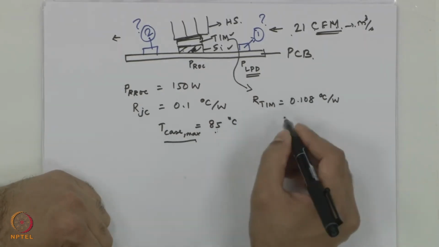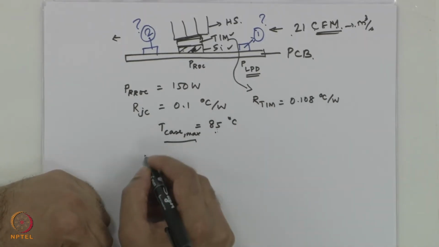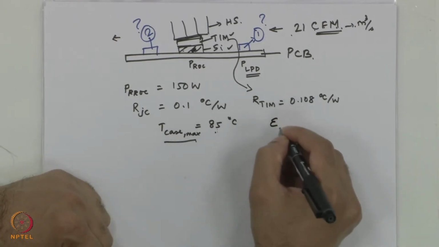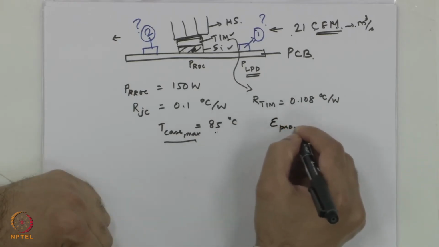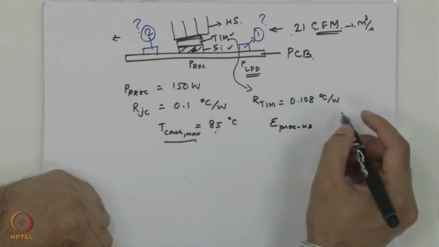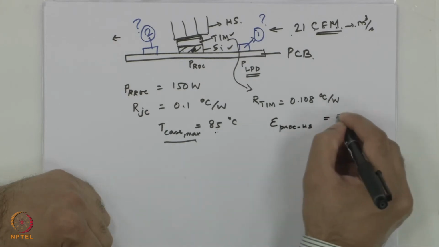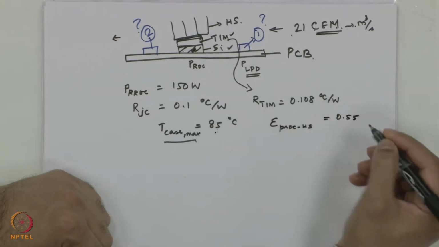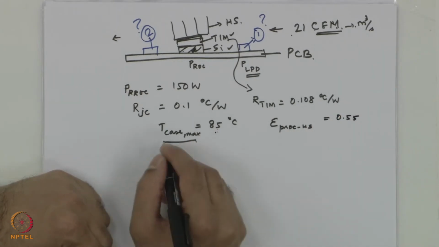Then the heat sink resistance, in order to calculate heat sink resistance, there is an effectiveness of the heat sink. The processor heat sink effectiveness is given to be equal to 0.55, and it has no units.